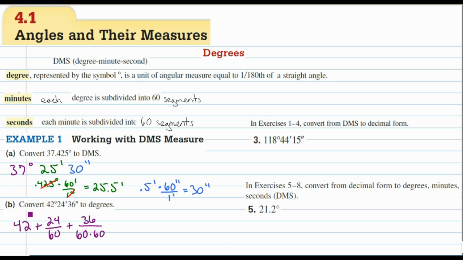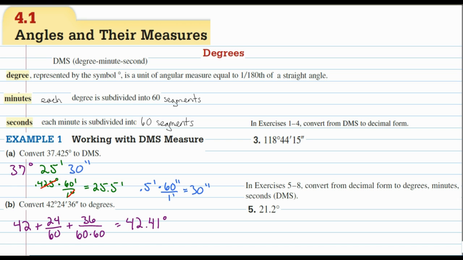So my conversion from degrees, minutes, and seconds to whole degrees, I will take the whole 42, 24 out of 60 minutes, and then 36 out of 3600 seconds, and that will be 42.41 degrees, which makes sense because I have a little bit under 30 minutes, so I have a little bit under half of a degree.